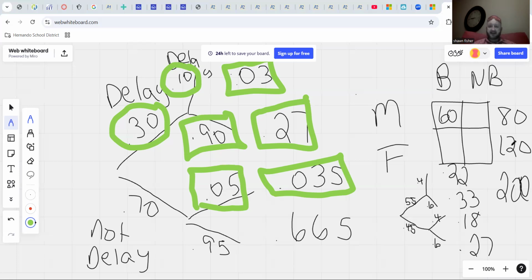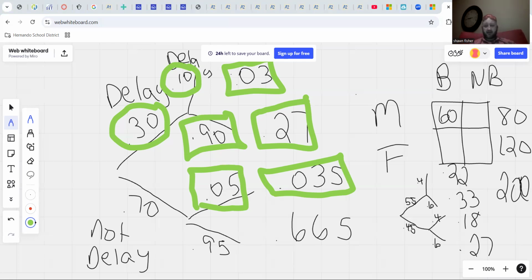Well, if something is independent, that means in a two-way table that their probabilities will equal out to each other. So the probability of 60 over 80 has to be the same as the probability of a female being brown out of 120.